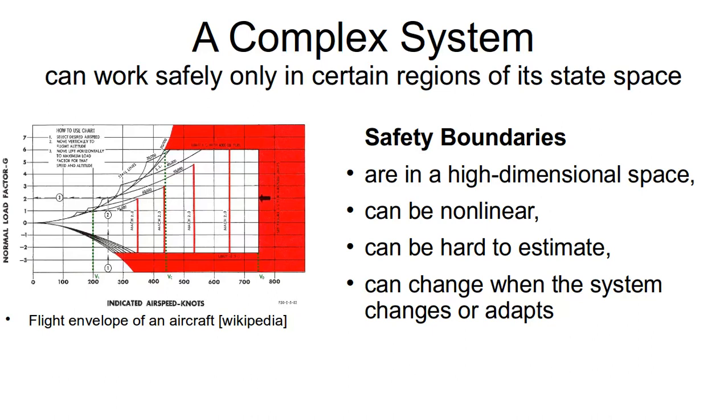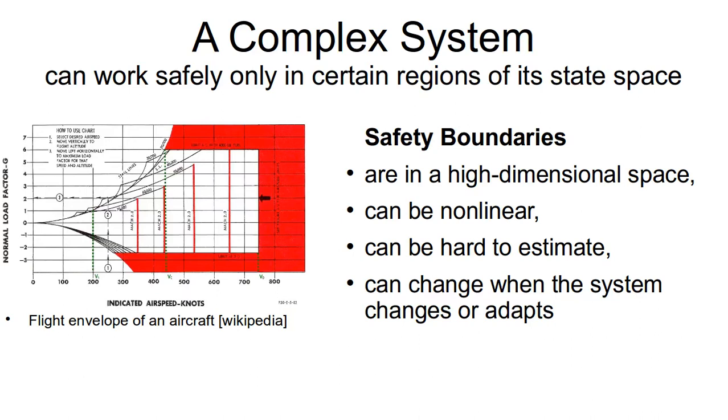So we have here these safe and unsafe regions of the state space, and the boundaries between the safe and unsafe regions are of interest for us. We call them safety boundaries. Here in this example it's very simple, only shown for two parameters, but in general these safety boundaries are in high-dimensional space. They can be nonlinear.